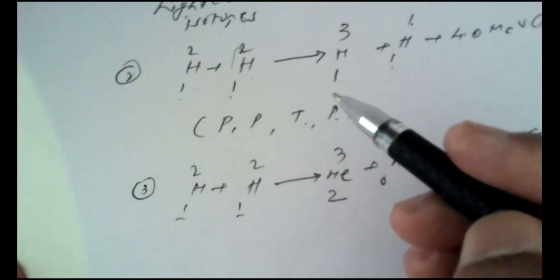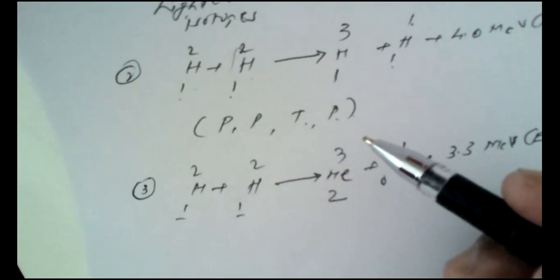That means where the temperature is about 5 into 10 raised to 8 Kelvin. Such an elevated temperature is required so as to fuse hydrogen nuclei to form a helium nucleus. So in general, energy is released when lighter nuclei are fused together to give elements of higher atomic number.